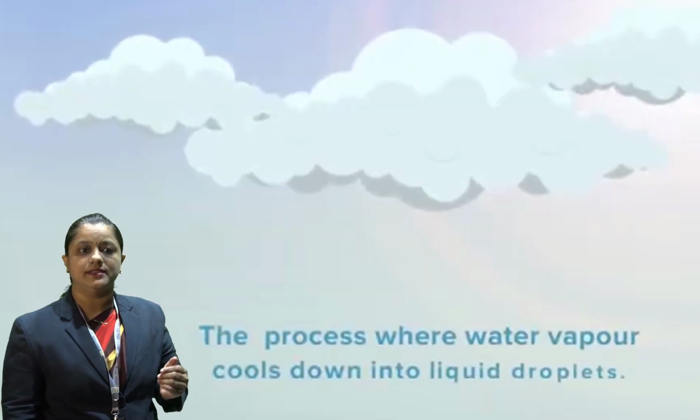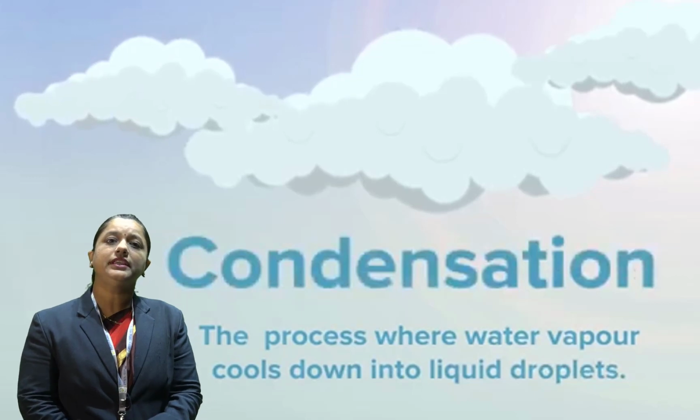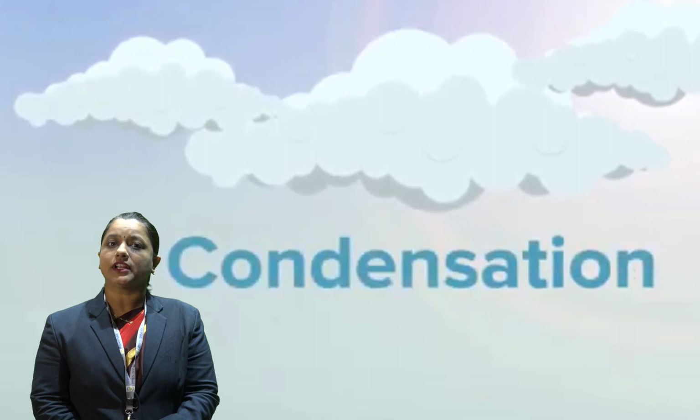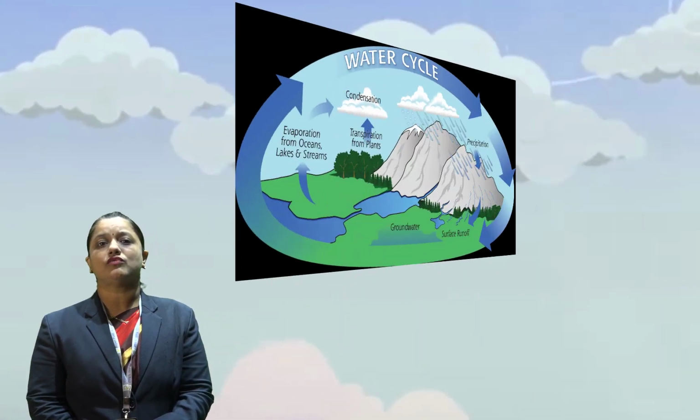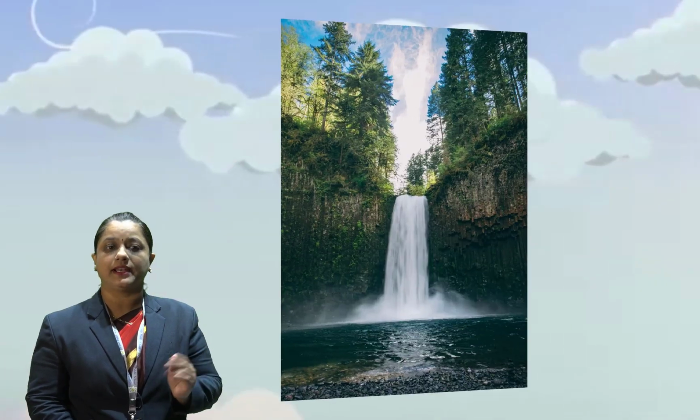It is called condensation. From there, it may fall on the land or sea in the form of rain, snow. The process by which water continuously changes its form and circulates between ocean, atmosphere and land is known as the water cycle. The main sources of water are river, ocean, sea, waterfalls, spring and glacier.